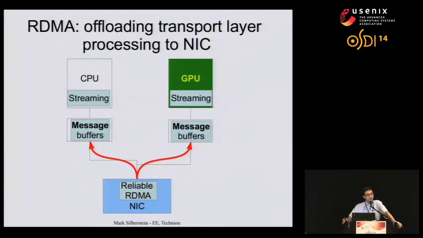What is interesting about it is that by using peer-to-peer DMA functionality, you can put the data directly into GPU memory, into the application buffer there, or directly into CPU memory. So this is great because it basically eliminates the need for transport layer processing. It allows the data to flow directly into the application at the application level. However, it's still insufficient for GPUnet because we want to provide reliable streaming. So this allows us to basically build streaming on top of RDMA messaging.